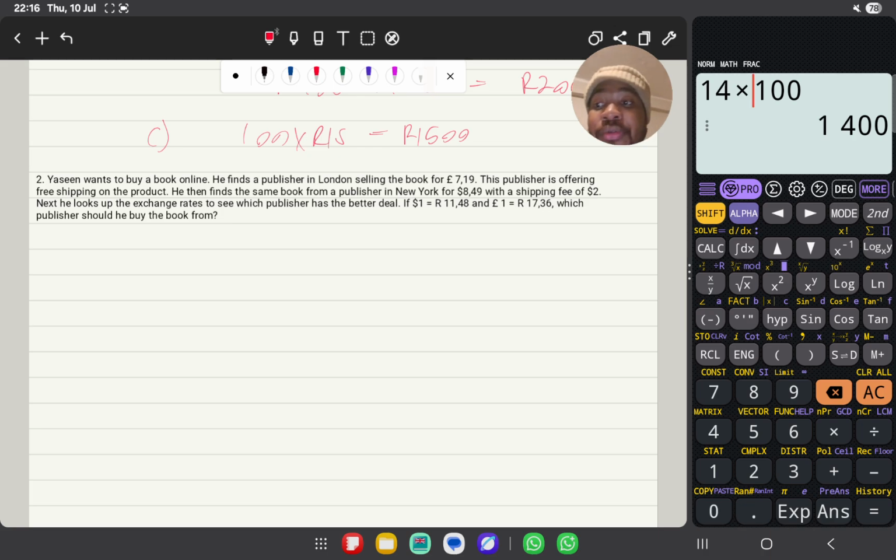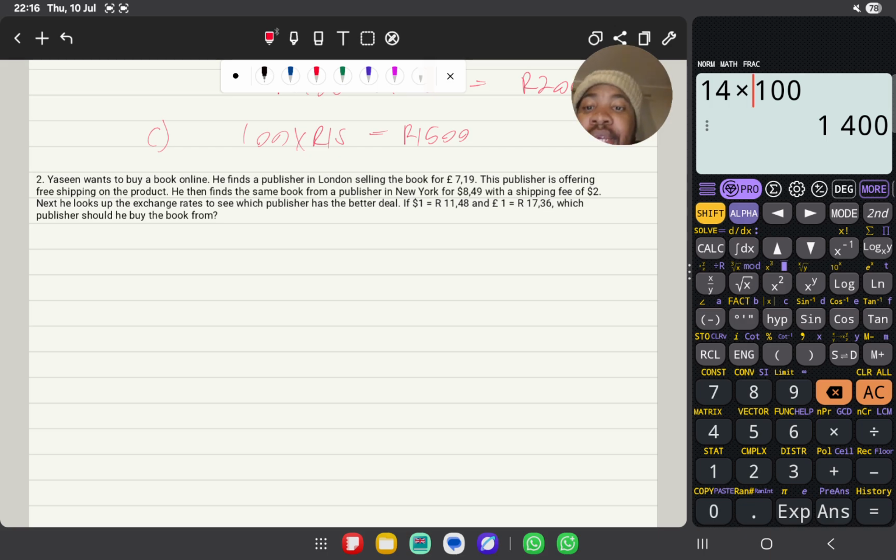And this publisher is offering free shipping on the products. Cool. So if you buy the book, you'll only be paying 7.19 pounds, right? He then finds the same book from a publisher in New York for $8.49, with a shipping fee of $2.